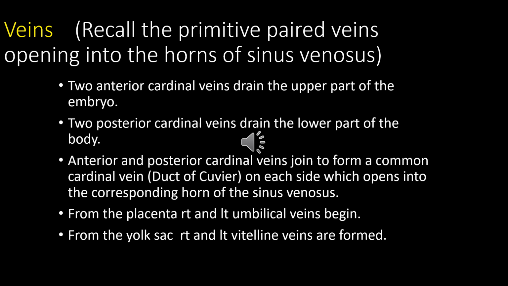Cardinal means principal, main veins, the cardinals of the church, you know. These are the three primitive veins in pairs, which will be opening into the corresponding horns of the sinus venosus.